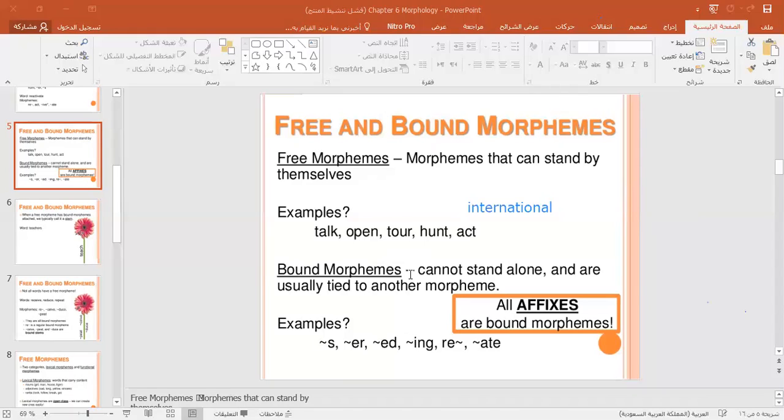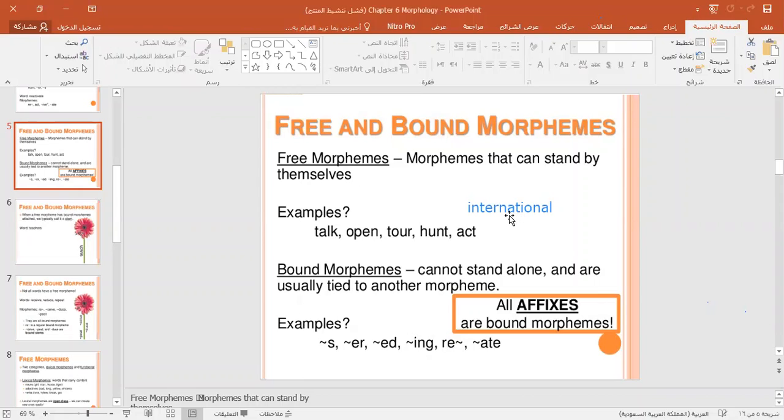And what about national? The free morpheme is not national, it is nation. Nation is the free morpheme.